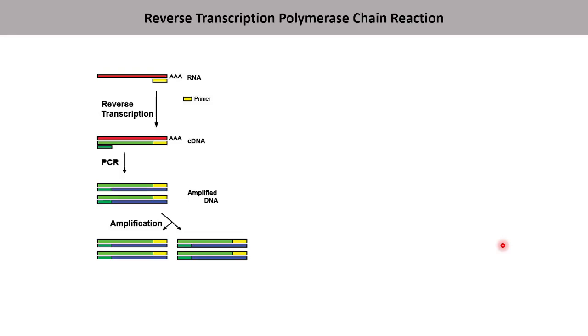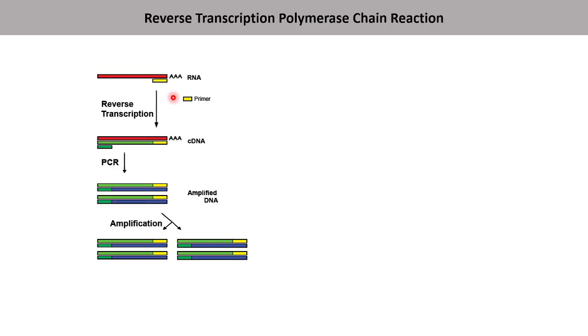Now, if we try to understand it from this figure, so this was the RNA pool. How this process is done is, first of all, we isolate the complete RNA content of any organism. Suppose we are talking about plants, we will take a plant tissue and we will isolate the complete RNA from that plant tissue.